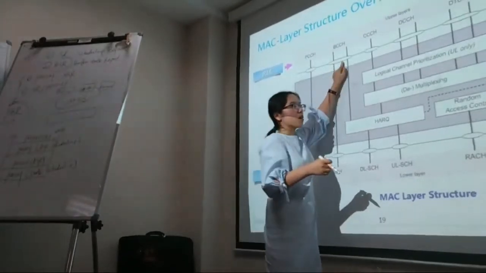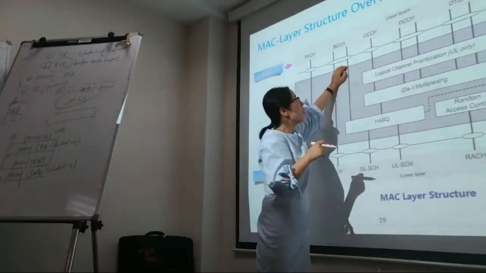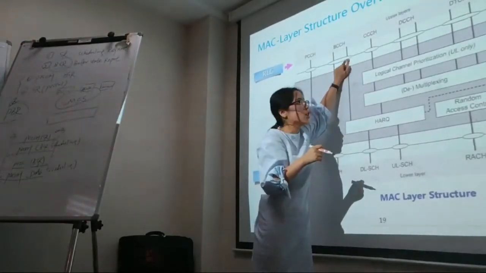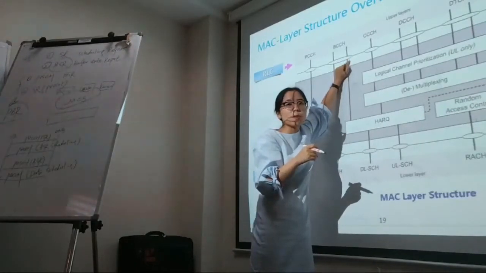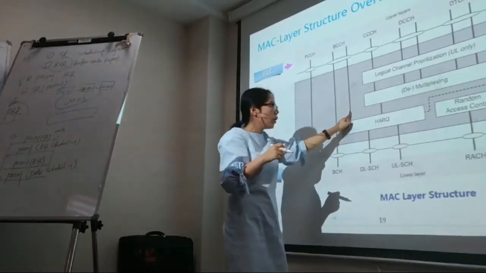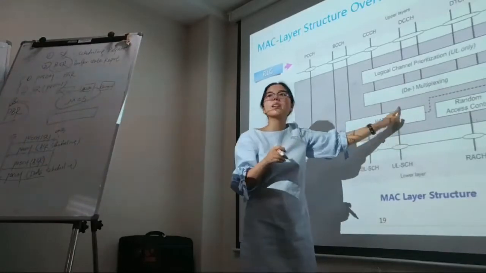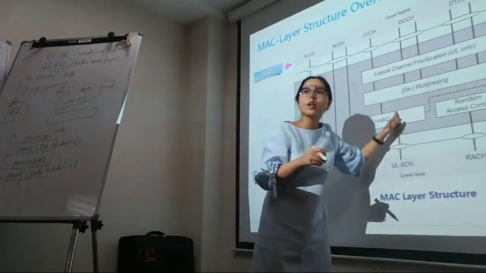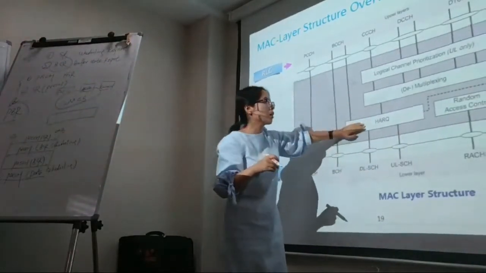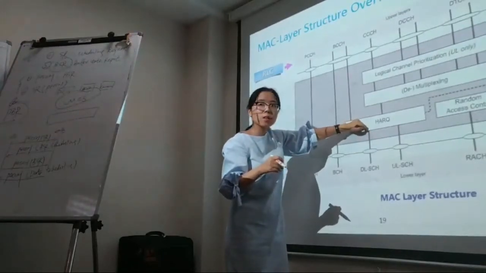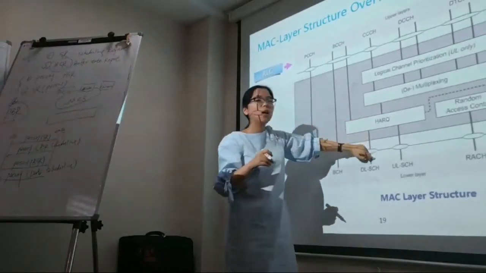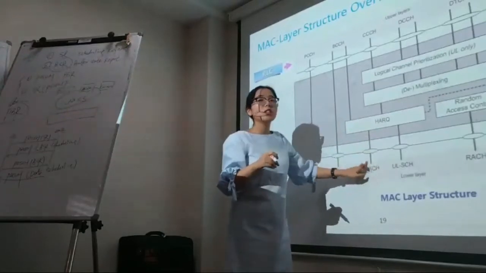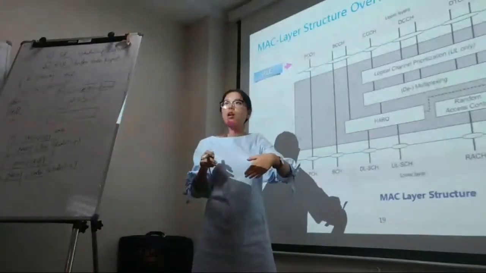And for the BCCH, the other information is the SIBs. The SIBs only go to the HARQ, right? After the HARQ processing, it will go to the downlink shared channel and be transmitted to the UE.